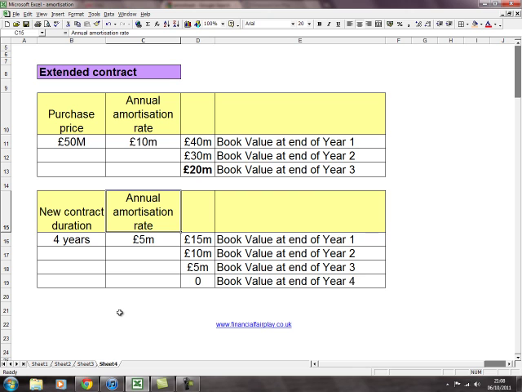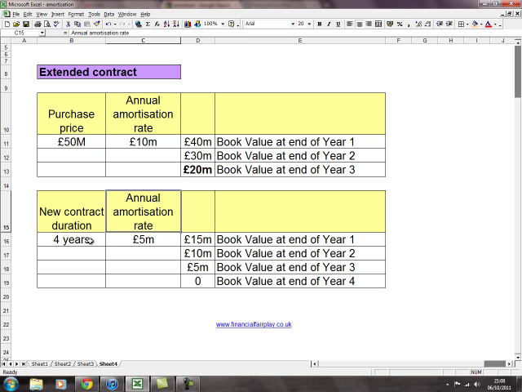Finally, the final example is what happens when we extend a contract. Same example: £50 million for a player, written off at £10 million a year. At the end of year 3, he's got £20 million sitting as his book value. Now, in this example, the player is given a new 4-year contract extension.